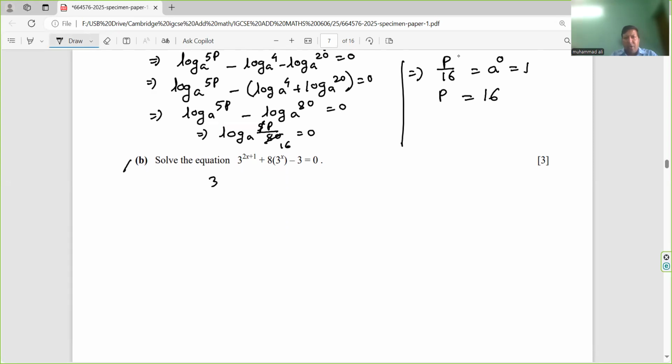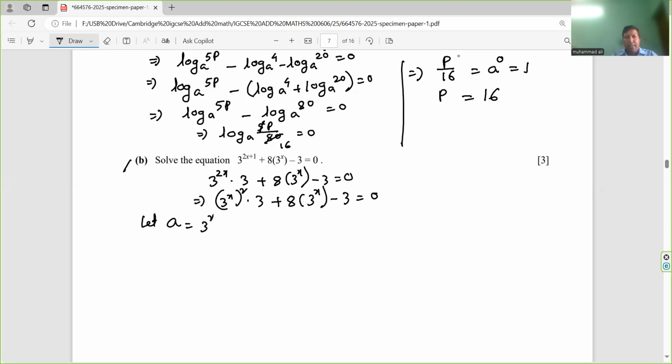Number B, solve this equation. So we can write 3 to the power 2x into 3 plus 8, 3 to the power x minus 3 equals 0. So (3 to the power x) whole square into 3 plus 8, 3 to the power x minus 3 equals 0. We may take 3 to the power x equals a.